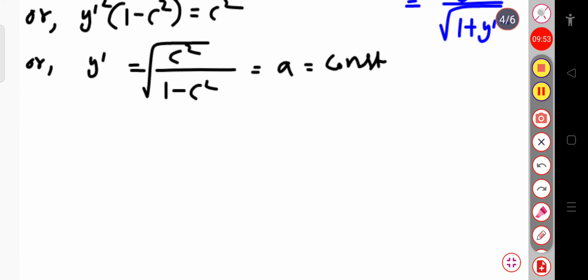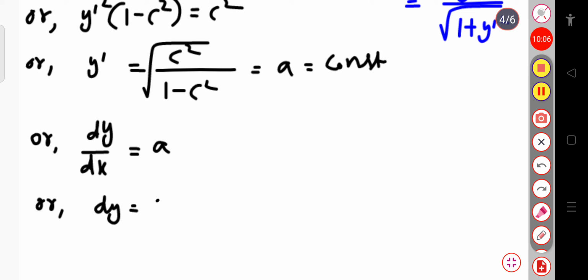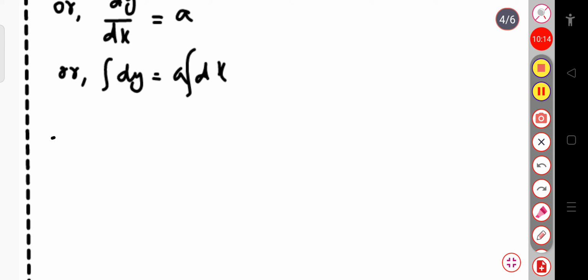Since y′ equal to this much, and y′ means dy by dx, dy by dx is now equal to a. Since dy by dx equals a, we can write dy equal to a into dx. Now if I integrate both sides, since a is constant it is taken outside of the integration, and this will be y equal to ax plus any other constant, suppose b.